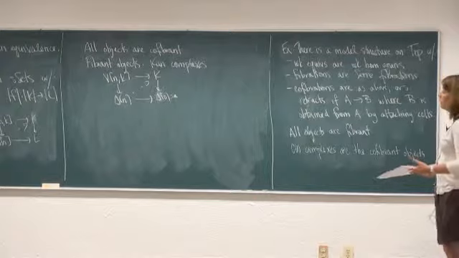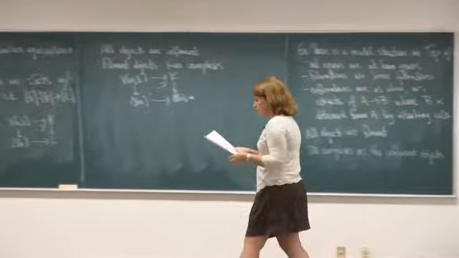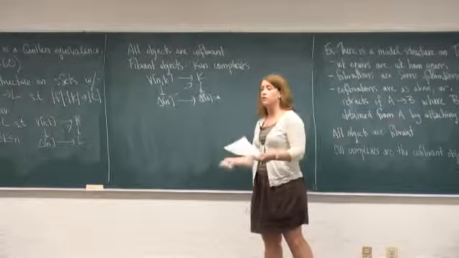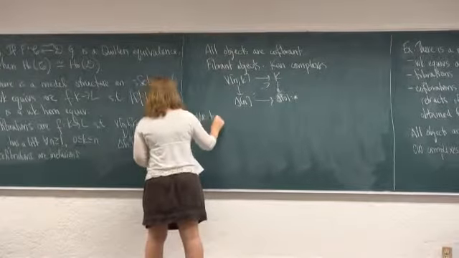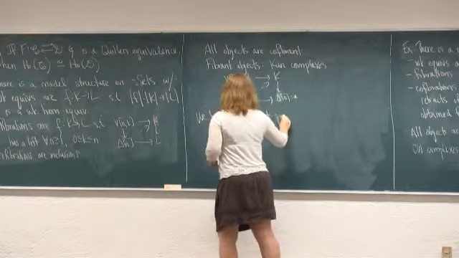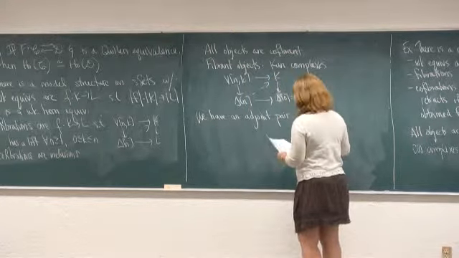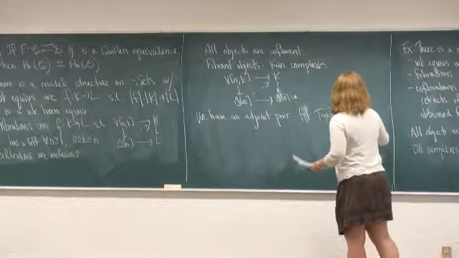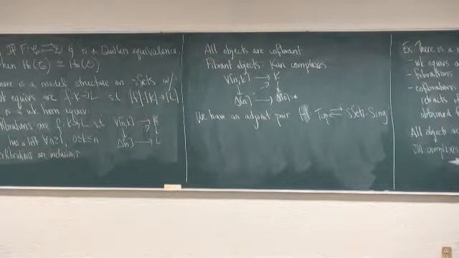Okay, so now I want this to be Quillen equivalent to the model structure on topological spaces. And it turns out we have an adjoint pair. I didn't say yesterday that they were adjoint, but we have the geometric realization and singular functors. I believe the geometric realization is the left adjoint, and the singular functor is the right adjoint.